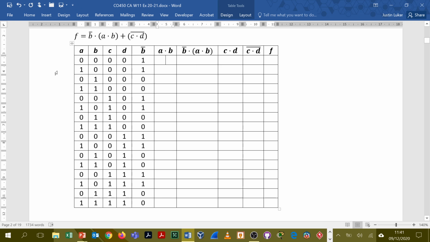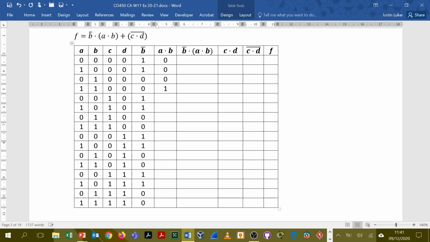And then we've got A AND B. Remember with an AND gate, you can only get a 1 if both or all of the inputs are 1. Both of the inputs in this case, because we've only got 2 inputs. If both of them are 1, then we'll have a 1 as an output in the A AND B column. So we've got 0, 0 to start with, so that's 0, then 0, 1 and 0.